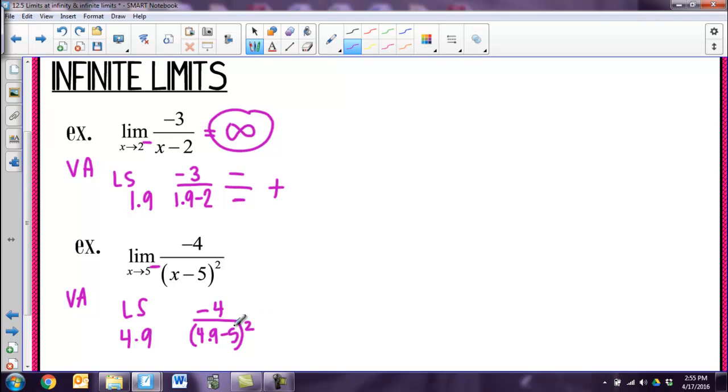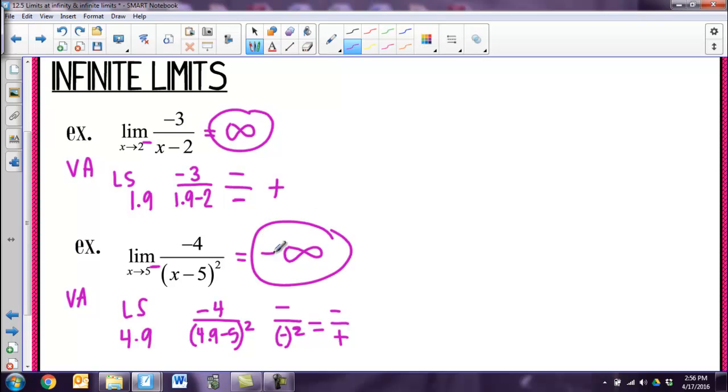Be careful there. This is all squared. So I'd have a negative on top divided by a negative number squared, which is a negative times a negative, a positive. So I really have a negative over a positive, which then means that I have a total negative expression, so my function is approaching negative infinity.